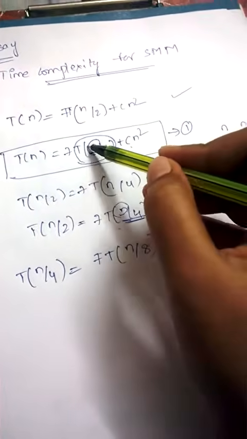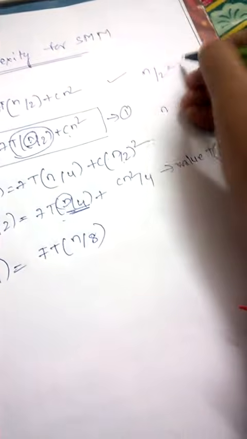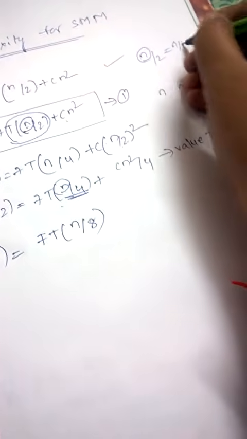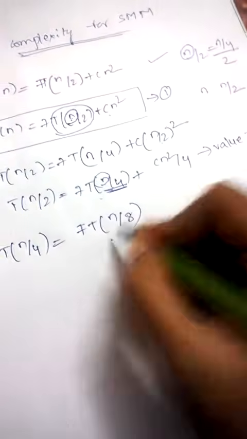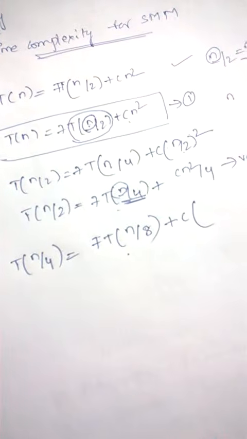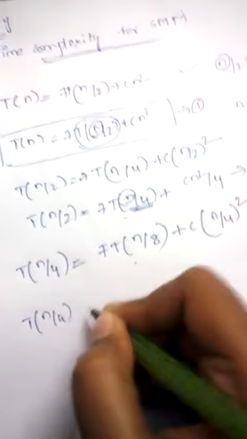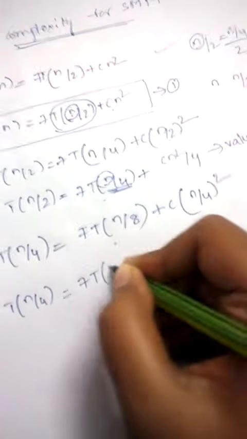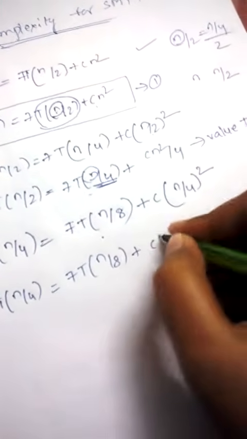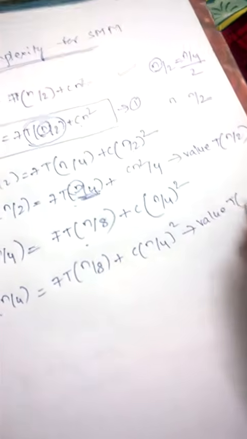So T of n by 4 is equal to 7T of n by 4 by 2, which will give n by 8, plus c of n by 4 whole square, because in place of n it is n by 4. So T of n by 4 value will be 7T of n by 8 plus c of n by 4 whole square. This is the value of T of n by 4.